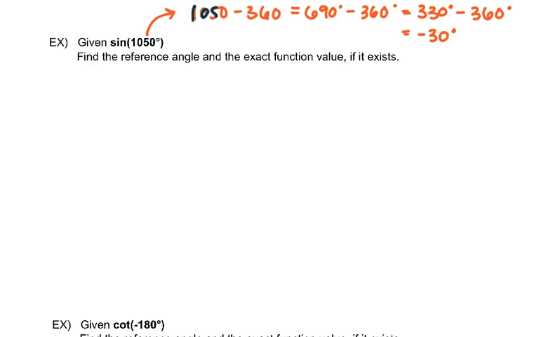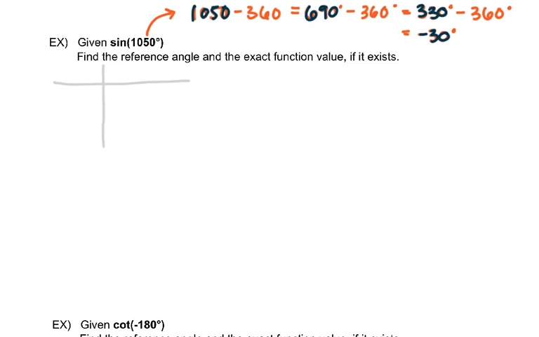So 1050, 690, 330, and negative 30 degrees. They all stop at the same spot. They're in quadrant 4.